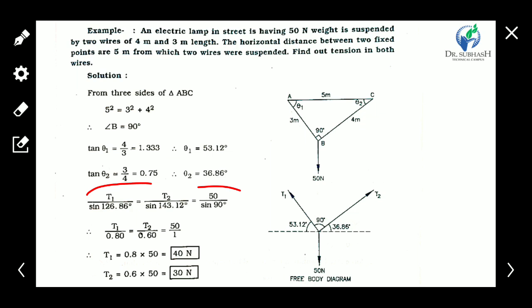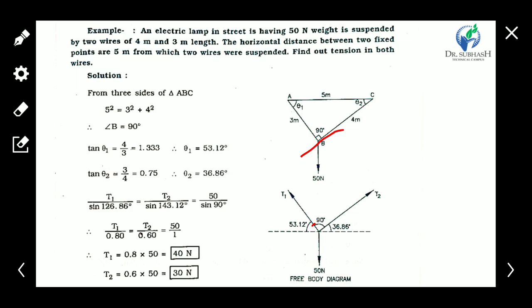Now applying Lami's theorem, draw the space diagram or free body diagram. Tensions T1 and T2 with 90 degree between them, and at point B perfectly vertically downward, the weight of the bulb, 50 Newton.